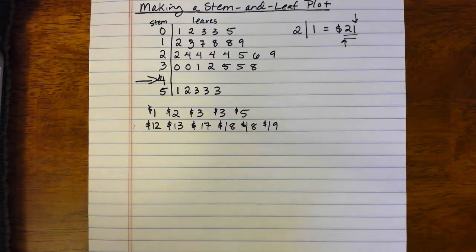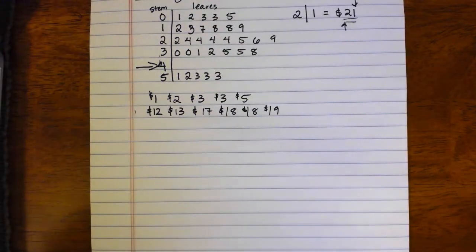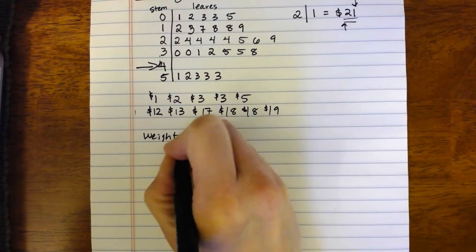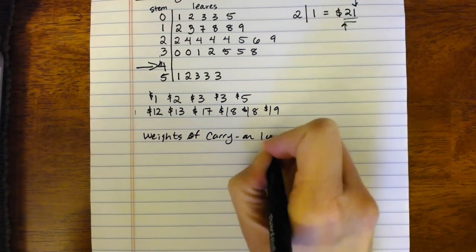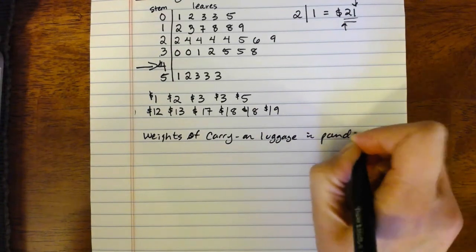Okay, let me grab us a set of data and we'll take a look at putting one of these together. I'm borrowing this from one of the problems in the book that we're currently using. Basically, this is looking at weights of carry-on luggage in pounds.